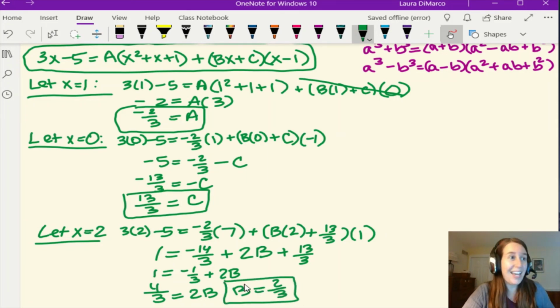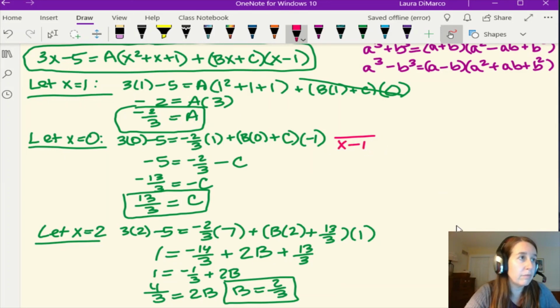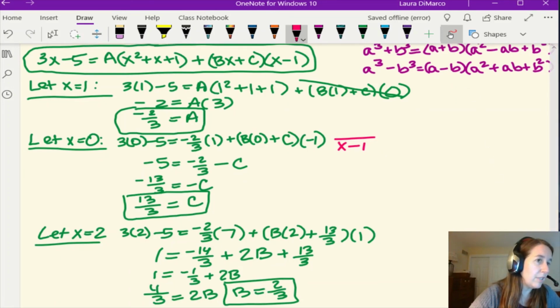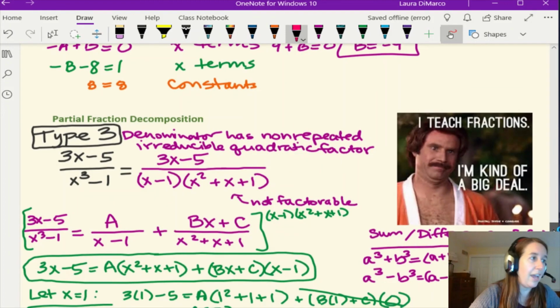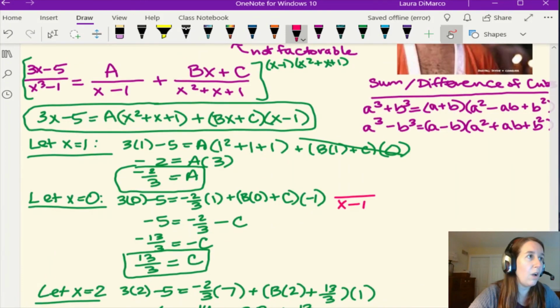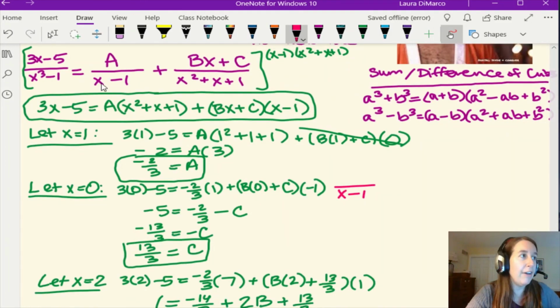So yay, we're finished. We just have to substitute all of these numbers back into the fractions that we created, right? Let me go back and review just to make sure I'm not messing that up. Yeah, a over x minus 1 plus bx plus c over the quadratic.